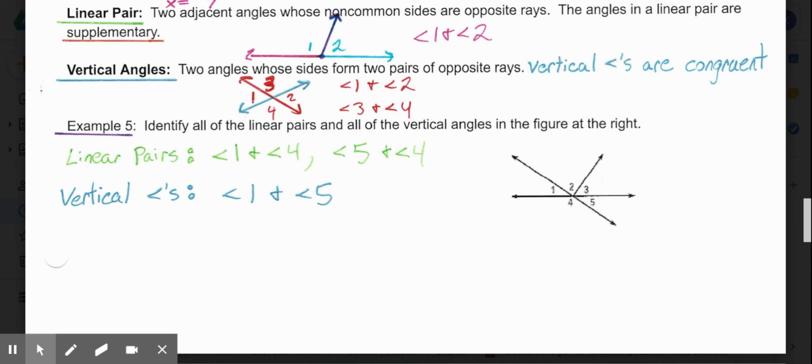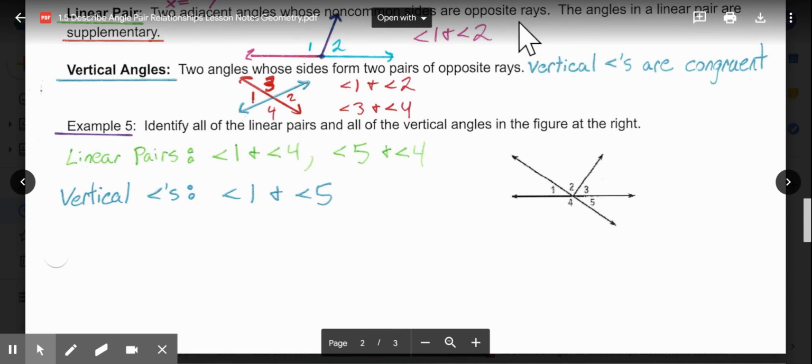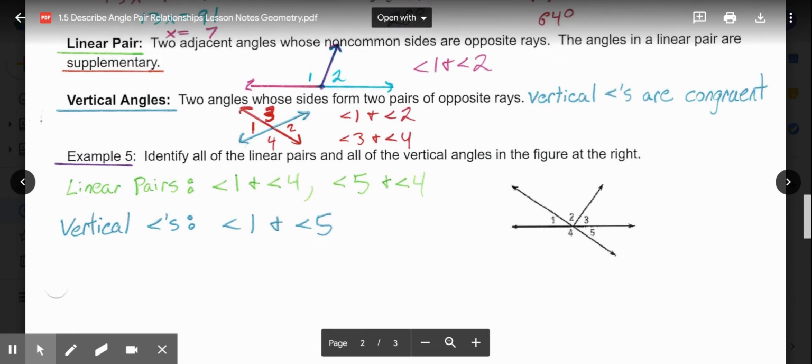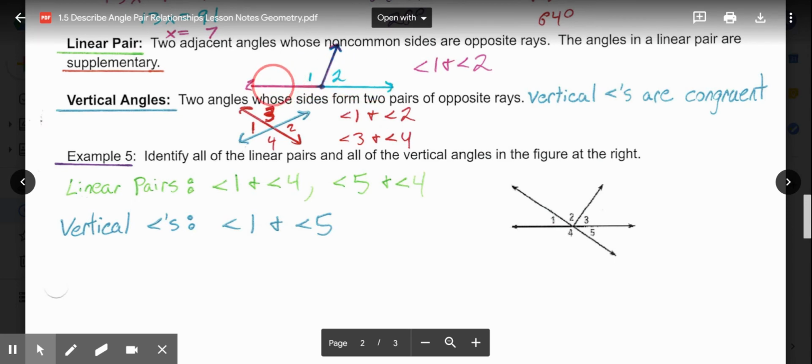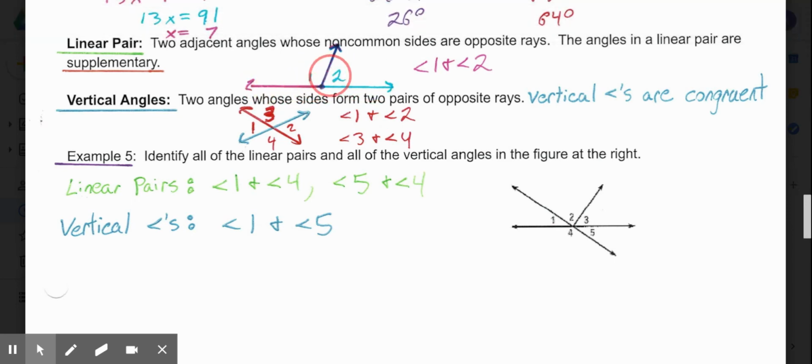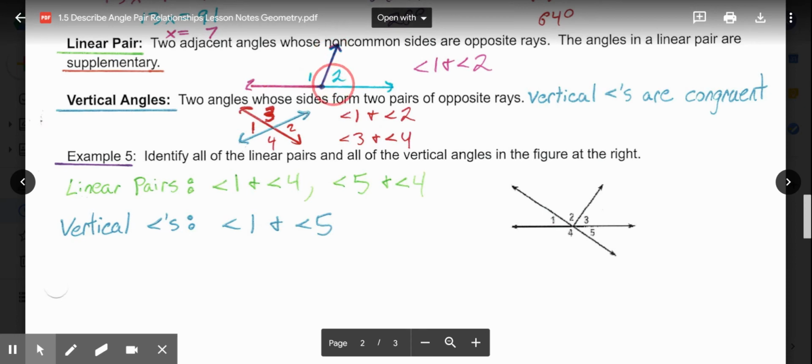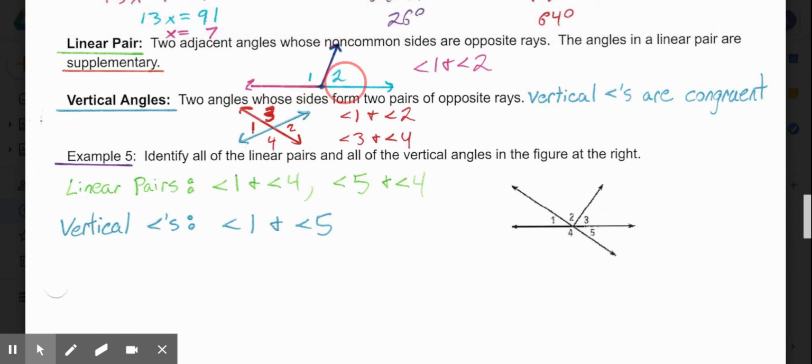The angles in a linear pair are always supplementary, meaning they equal 180 degrees, because if they have opposite rays, those form a straight line. An example of a linear pair would be here, angles 1 and 2. They share a common side and vertex, and their non-common sides make our opposite rays.